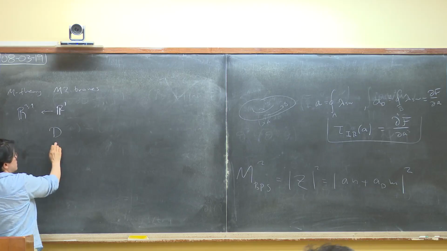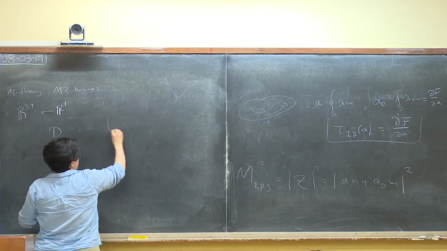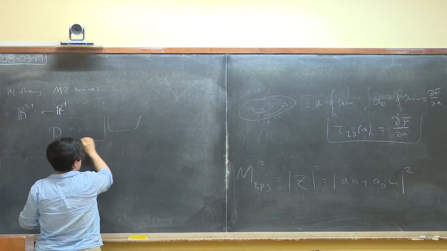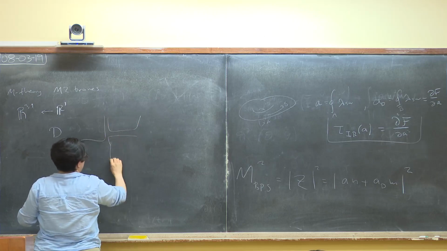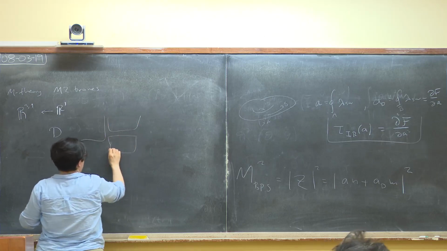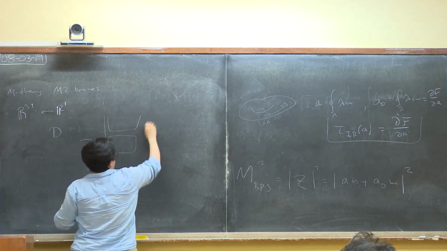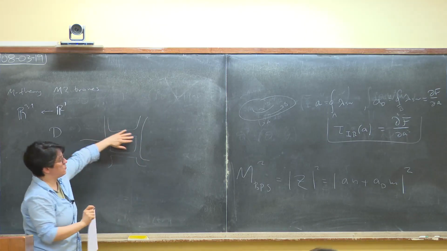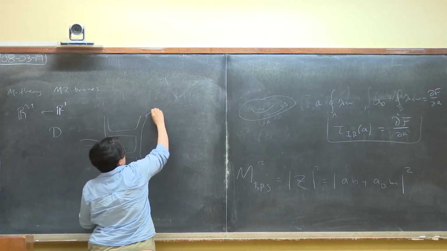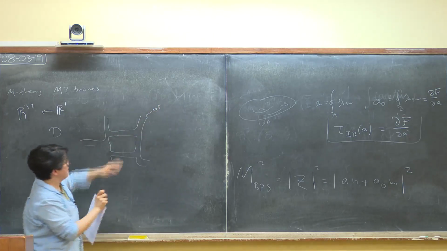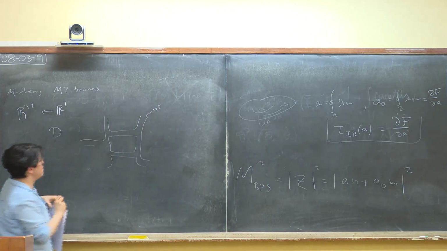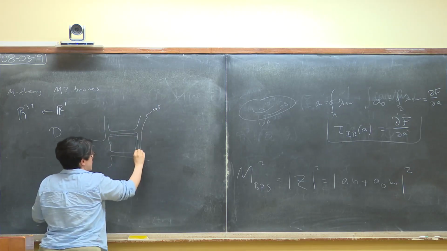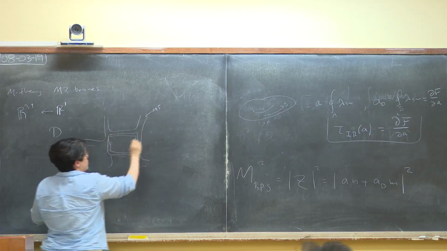If you remember this type of shapes that we had, I draw this very simple little picture. These M2 branes can end on the M5 brane, so this disk will end here on some contour.